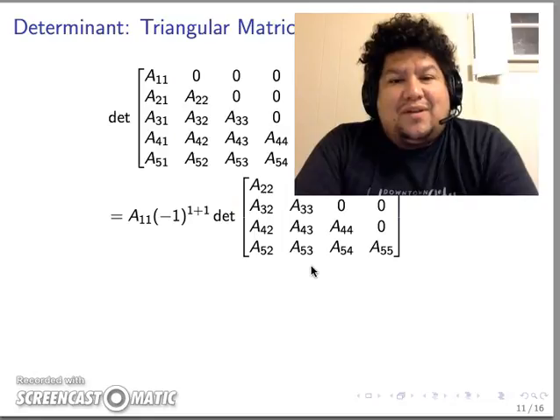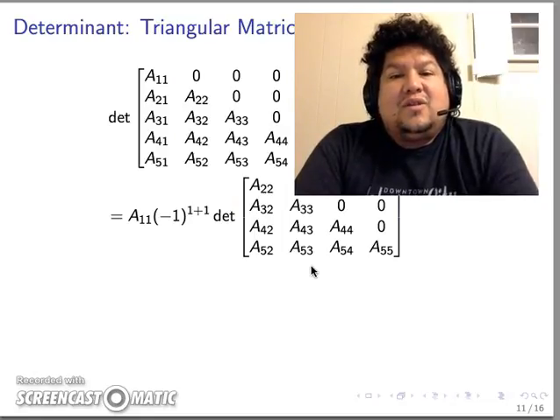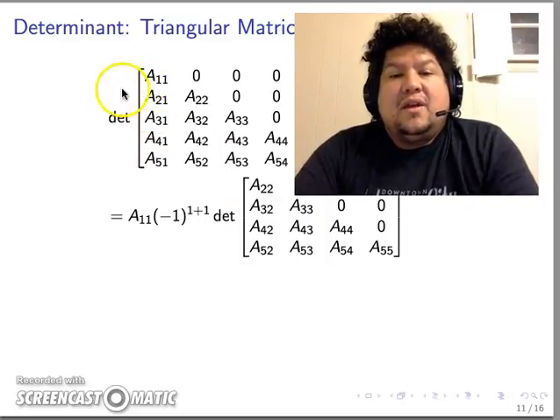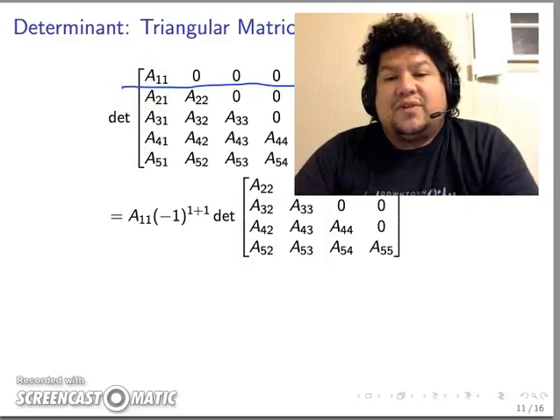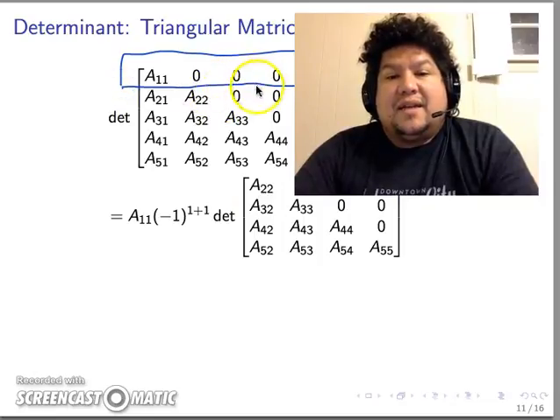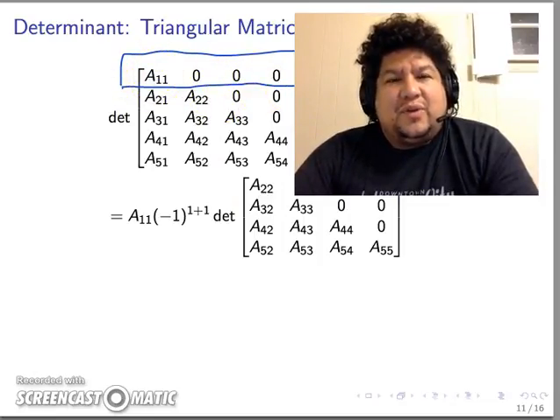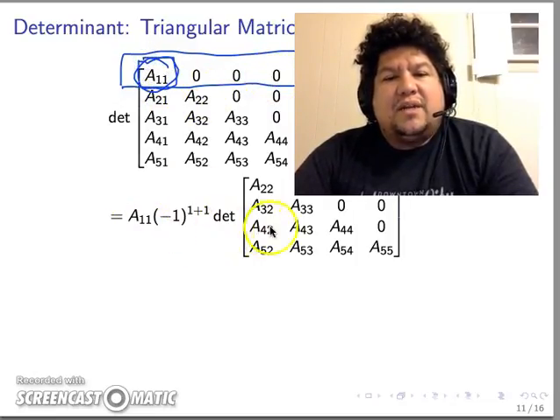straightforward. In fact, by choosing to expand over, say, for example, the first row, we realize that a lot is similar to what we were discussing before. When you have a row of zeros, the calculation becomes very simple. Here's almost a row of zeros with the exception of the first entry, the 1,1 entry.